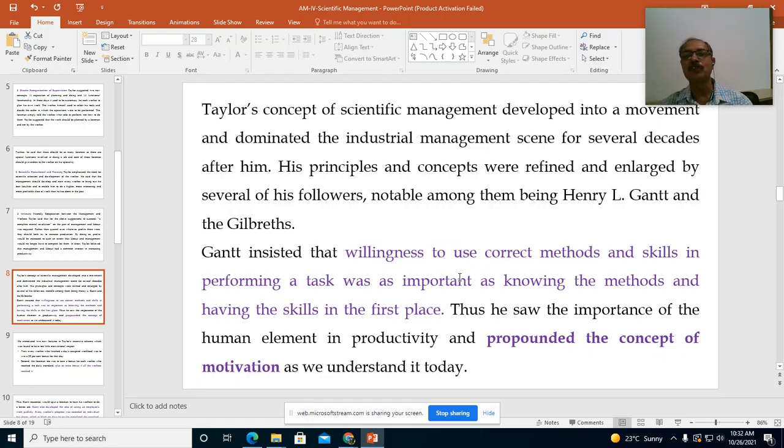He identified a very good point here: if the worker knows the best way to do something, willingness is also very important. So he added the human aspect. He saw the importance of the human element in productivity. That means humans should not be treated as machines; willingness is also very important. So here the concept of motivation arises.